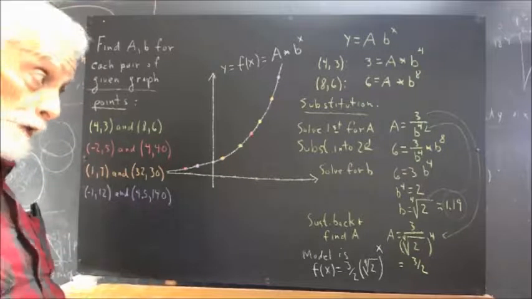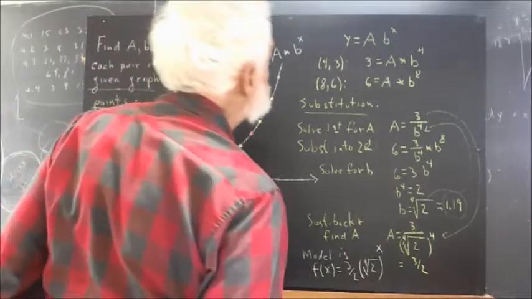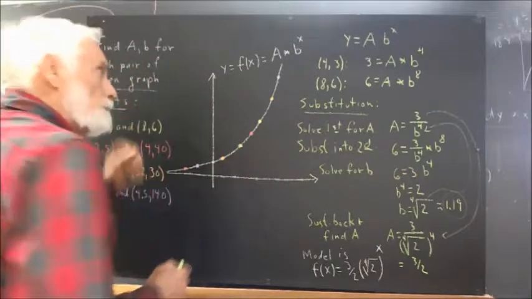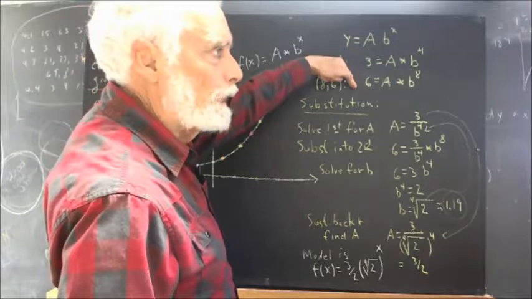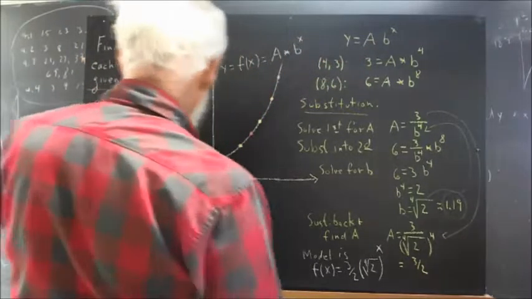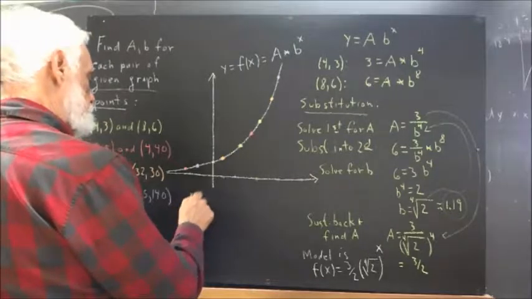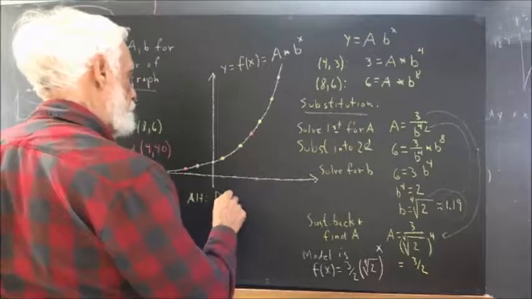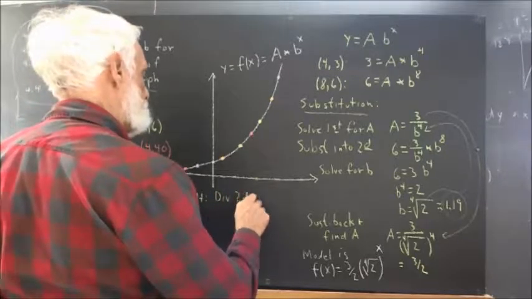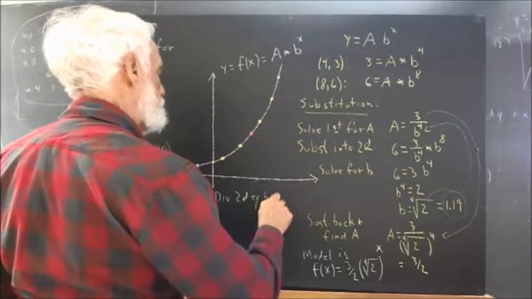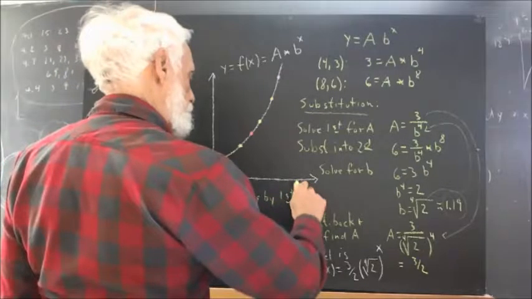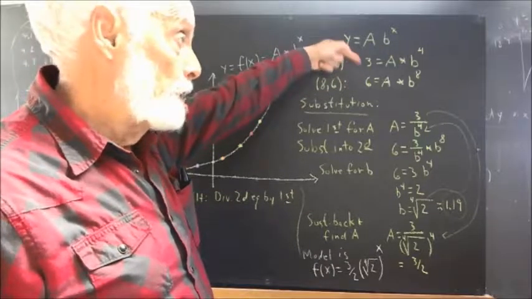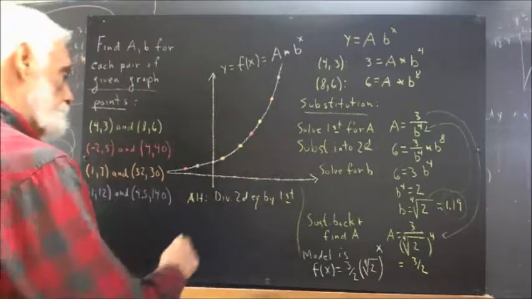Now, one other way we could have done this is we divide the first equation. Let's divide the second equation by the first. So an alternative solution, divide the second equation by the first. Now I'm going to do this a little more quickly. If I divide the second equation by the first, 6 divided by 3 is 2.